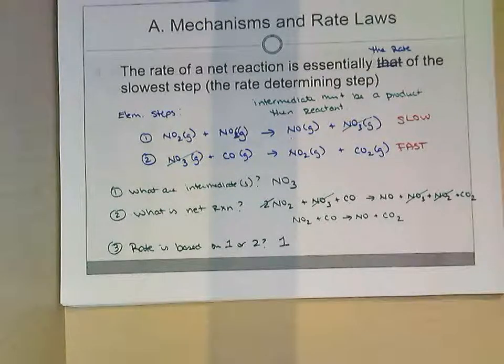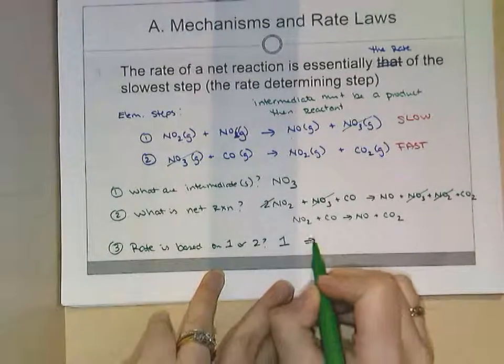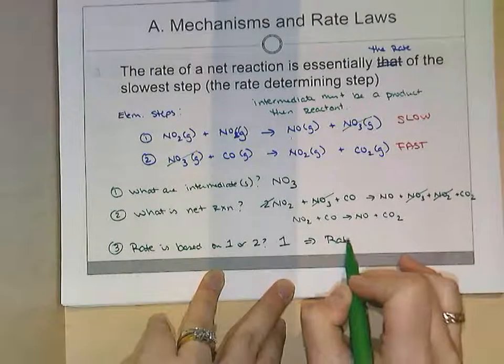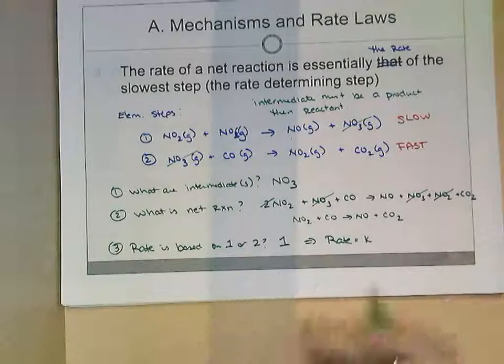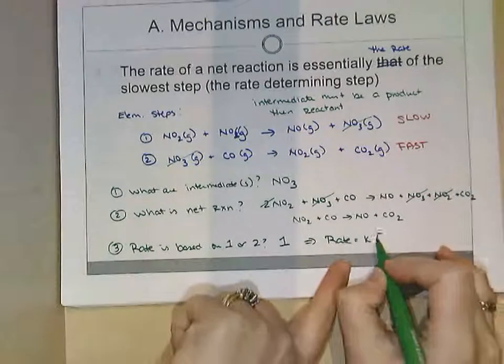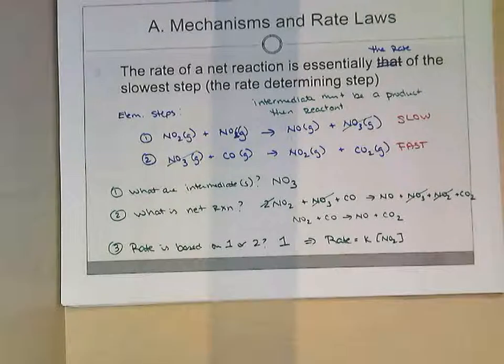Follow-up question to that. What would be the rate law for elementary step number 1? I'll help you out. What is the exponent that goes along with elementary step number 1?